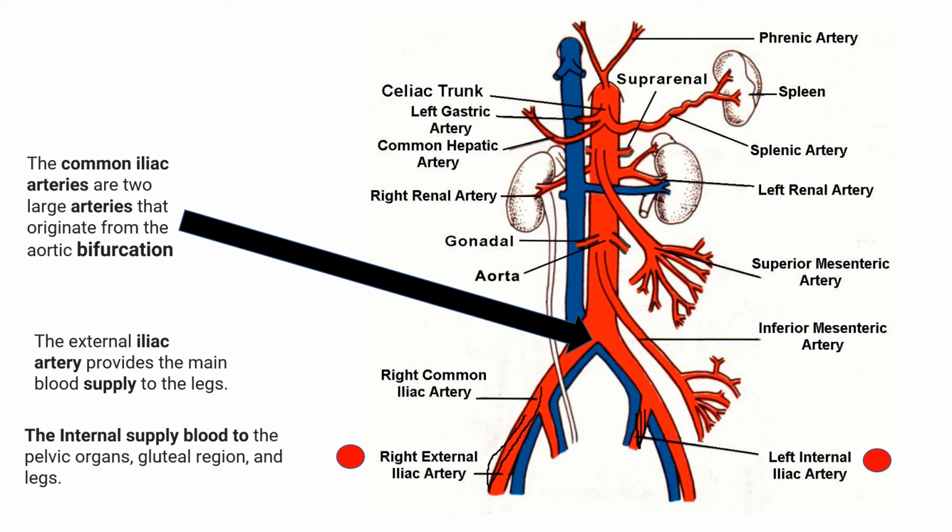That would be the left internal, that would be the right internal. The external iliac artery provides the main blood supply to the legs. The internal actually supplies blood to the pelvic organs, gluteal regions, and the legs.